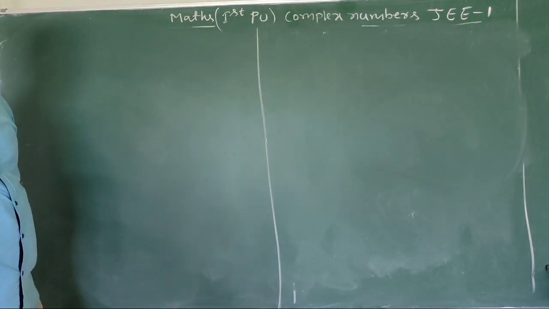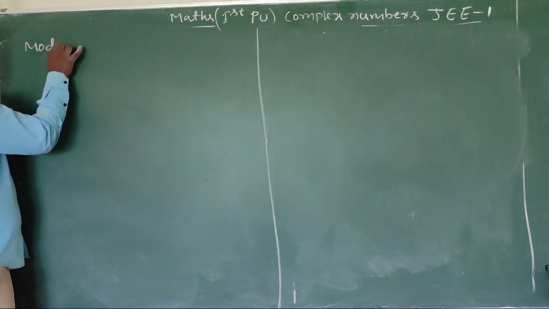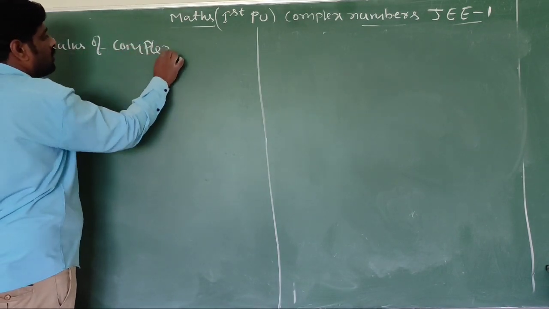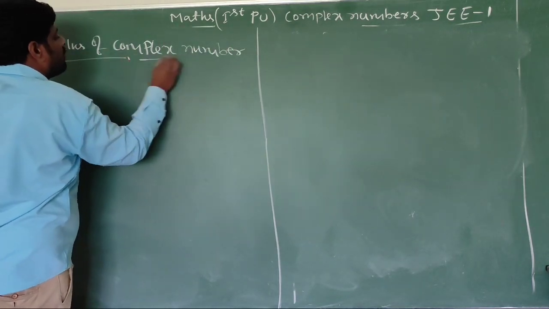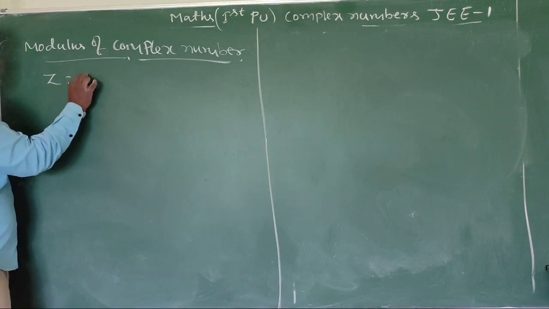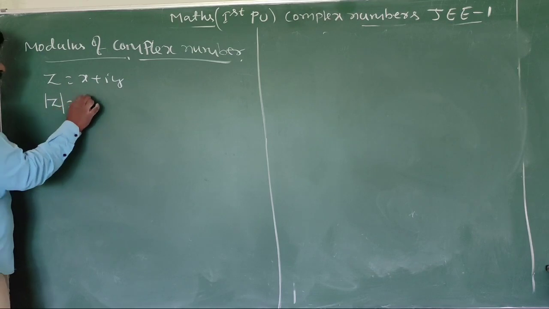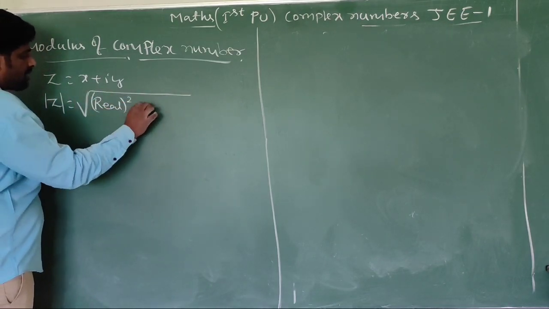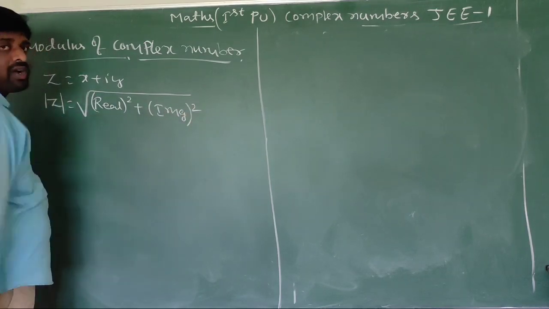Next concept is the modulus of a complex number. Here z is equal to x plus iy. What is the modulus of z? Square root of real part whole square plus imaginary part whole square.